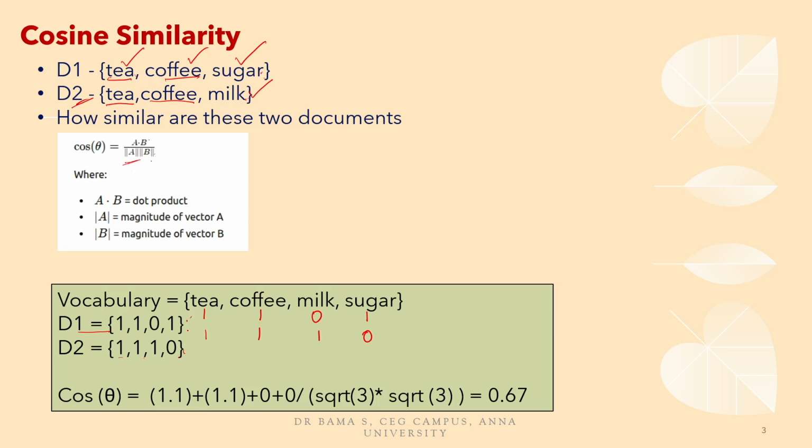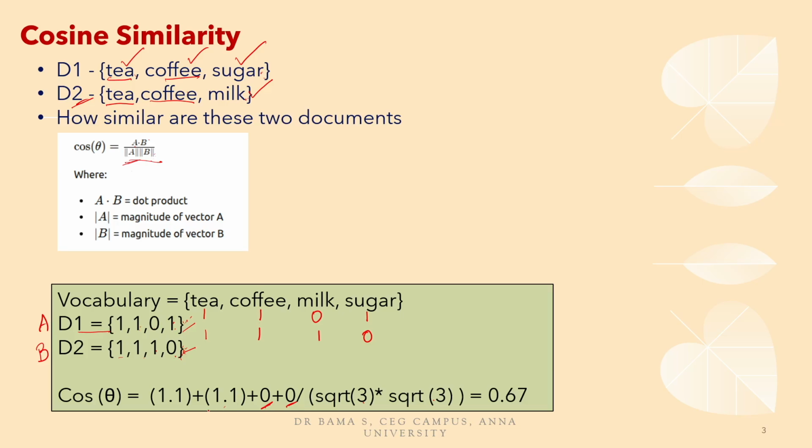Now given these terms, D1 is vector A and D2 is vector B. So calculating A dot B, that is 1 times 1, and 1 times 1, and 0 times 1 is 0, and 1 times 0 is 0, so the numerator is 2. The denominator is the square root of 1 squared plus 1 squared plus 1 squared, that is root 3, times the square root of 1 squared plus 1 squared plus 1 squared, which is root 3, so 3.